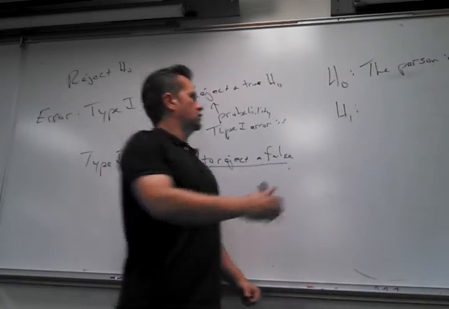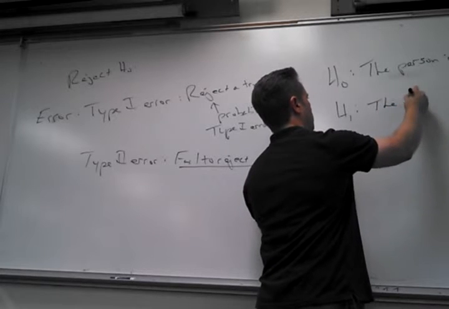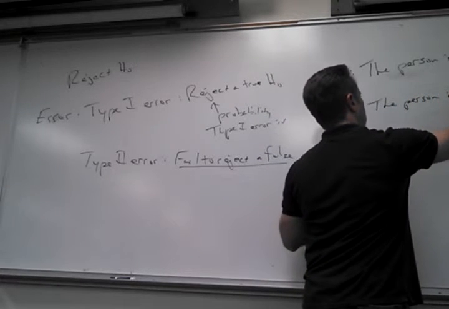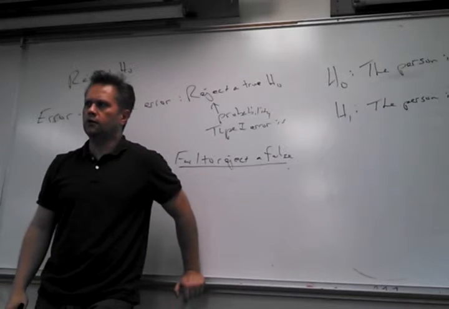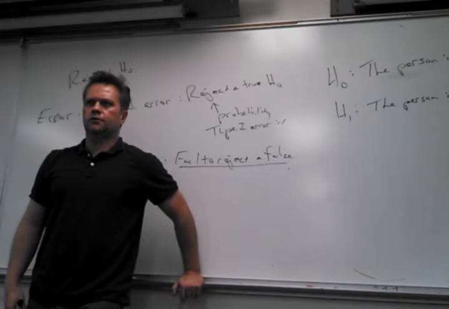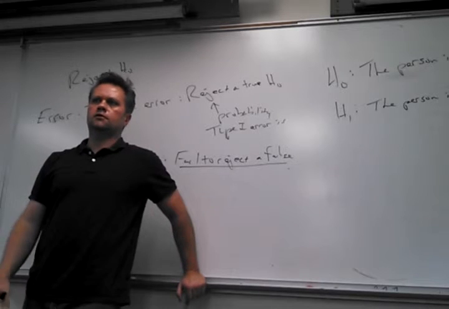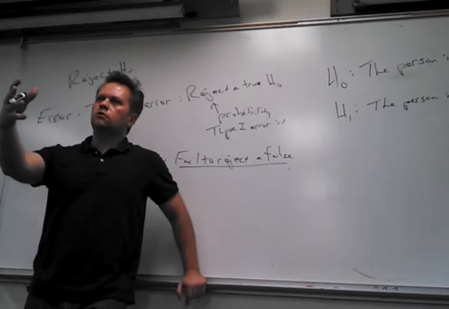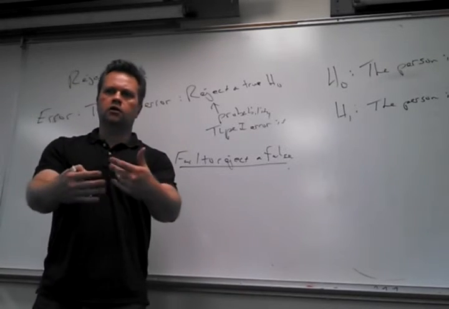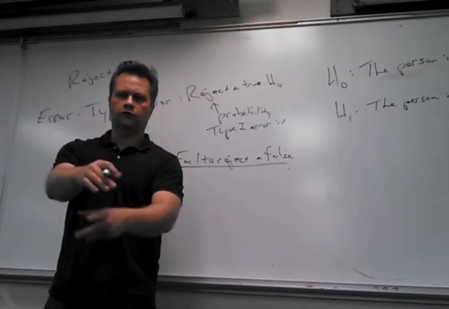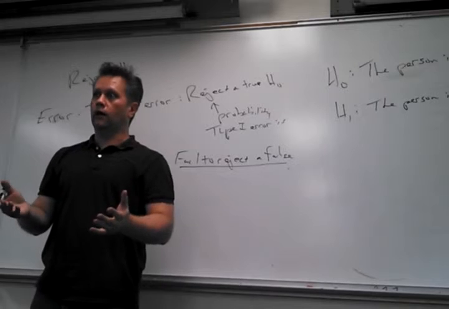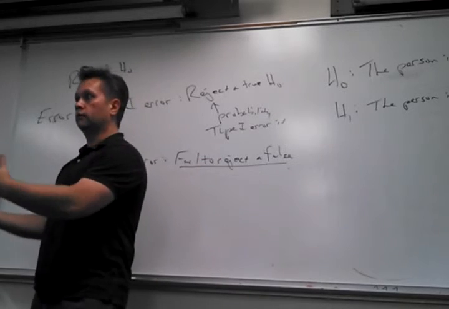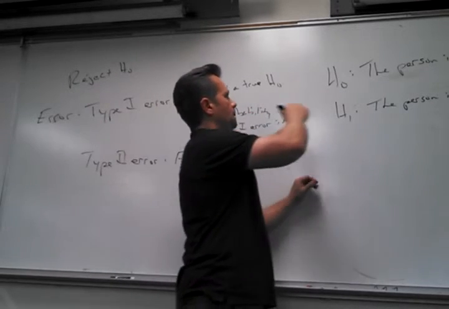And so my H1 would be, the person is dead. I like doing this example because it shows you that it doesn't necessarily have to be mathematical statements that go into these two hypotheses. They could be English statements that I can then connect to triage numbers or several measurements or whatever. This one's almost a little too, either they're alive or dead. They got breath? No? Move on. After you take your stuff.